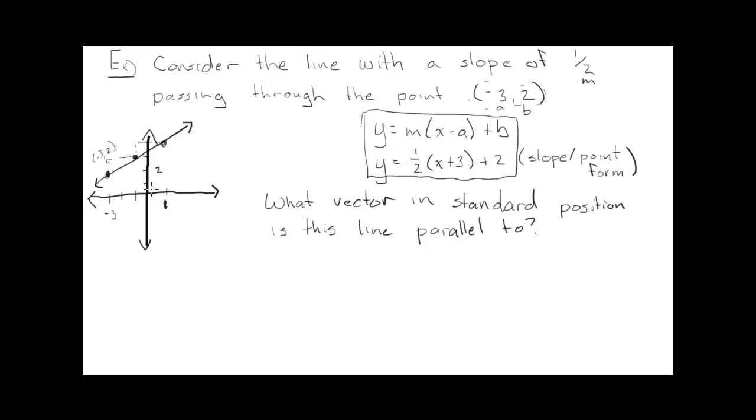So if you remember, a vector in standard position means it starts, tail at the origin, and then its head will travel in this direction, and it'll need to be parallel to this.